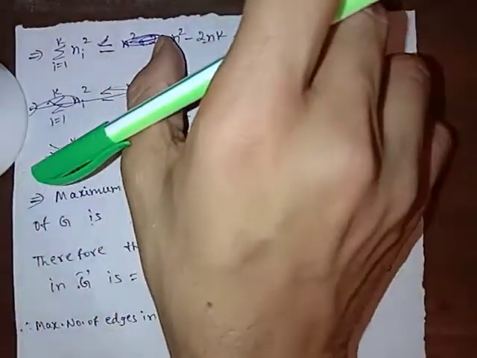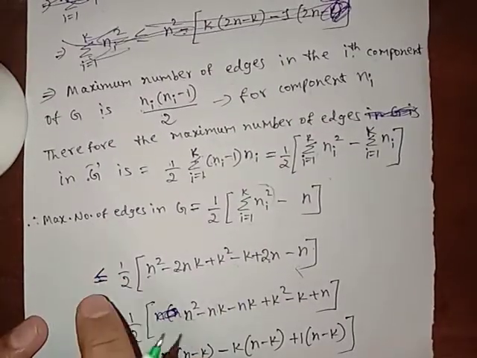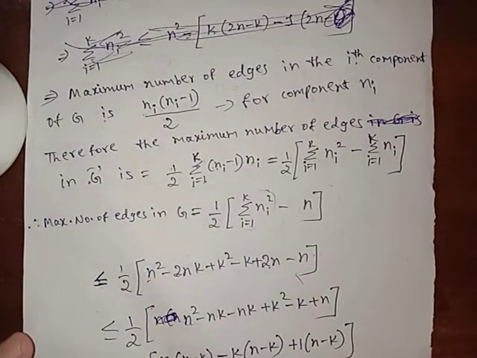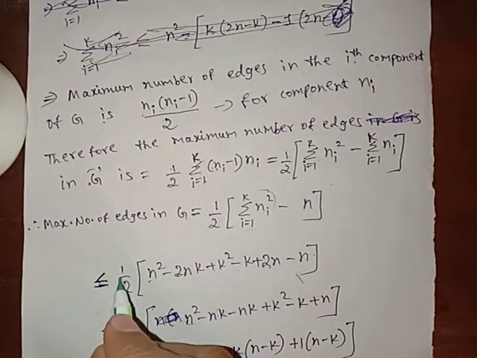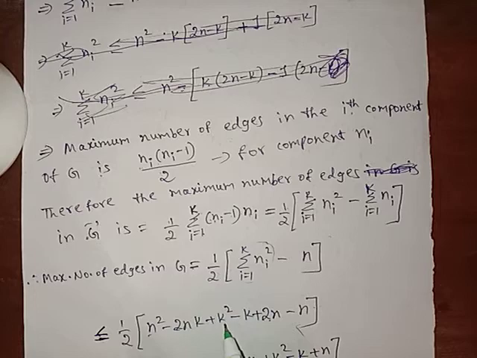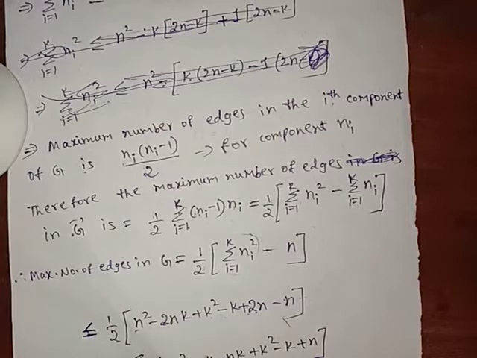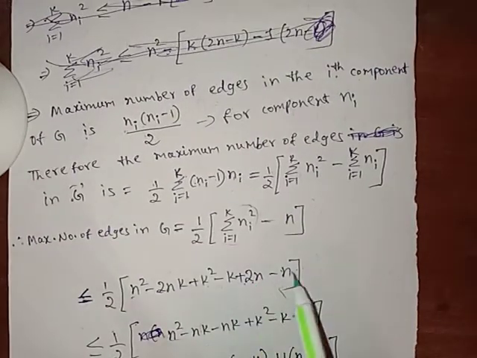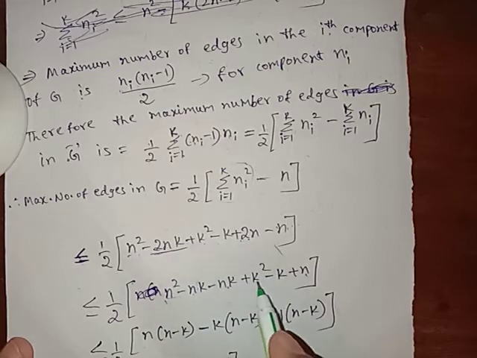So if we put this instead of this, we get that the maximum number of edges in G is greater than or equal to 1 by 2 of n square minus 2nk plus k square minus k plus 2n minus n. Here 2n minus n is n. n square minus 2nk, we can write it as minus nk plus k square.